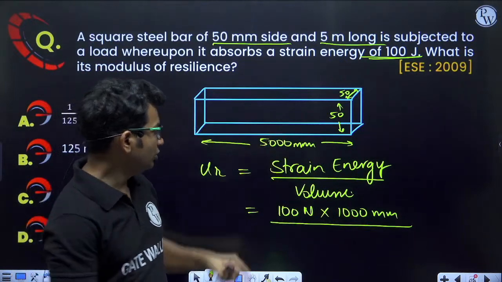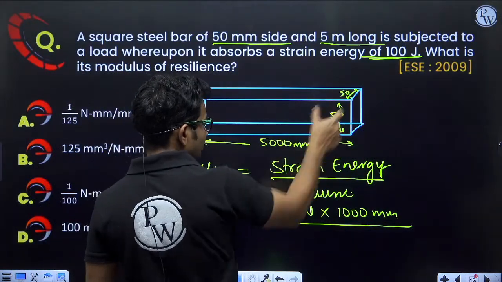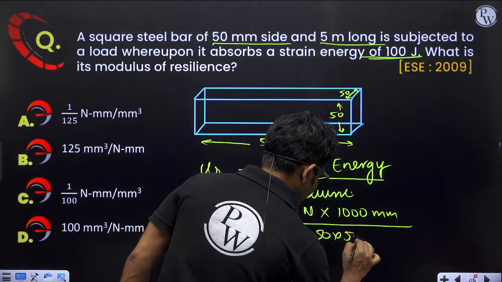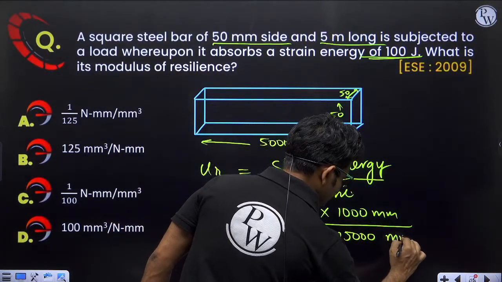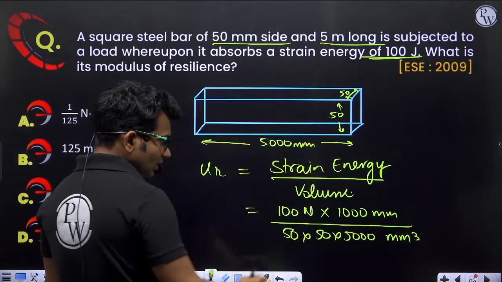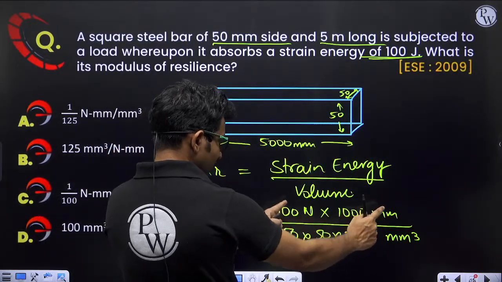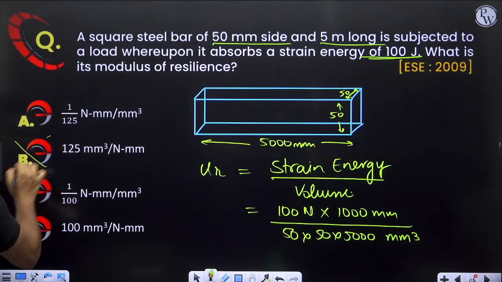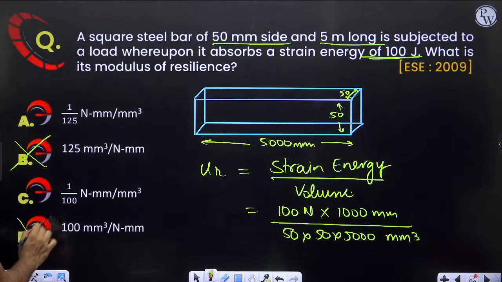Now volume will be how much? 50 into 50 into 5000 mm cube. So the units will be Newton mm per mm cube. So option B is wrong, and option D is also wrong.